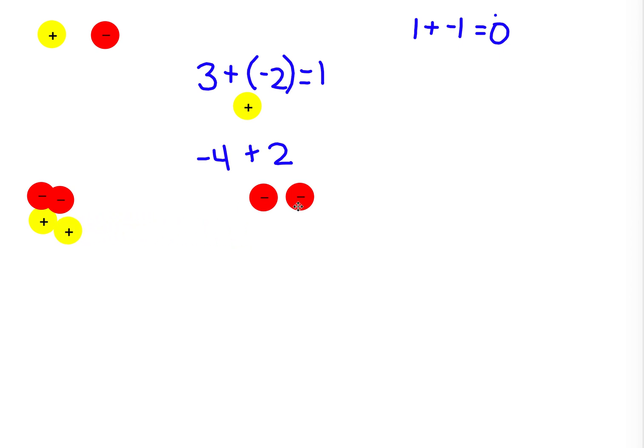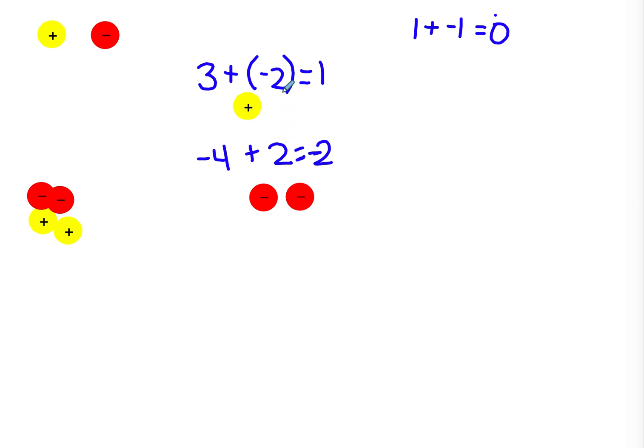And then I look to see what I have left over. So for this problem, where I'm doing -4 plus +2, that's going to equal a -2. Okay, and that's because when I have more negatives than positives, my answer is going to be a negative.